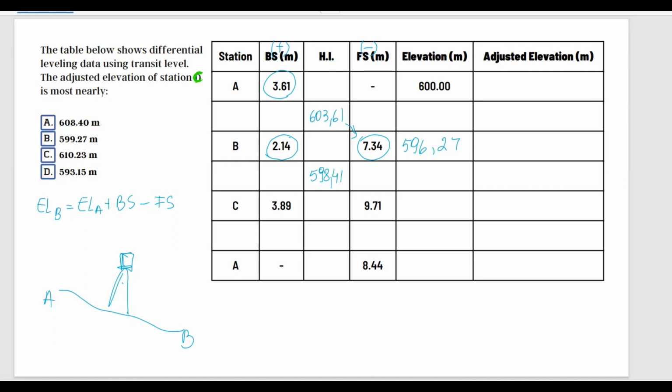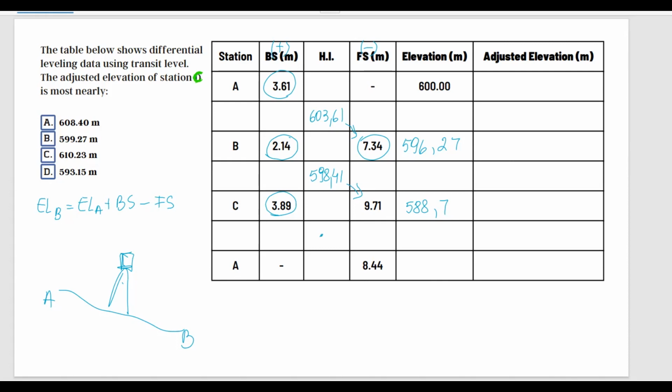598.41. And now I'm going to subtract the foresight distance to get the elevation at station C. And this is going to be equal to 588.7. Next, I'm going to add 389 to this number to get the height of the instrument again.